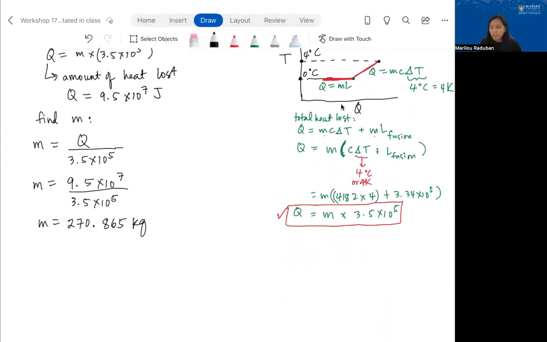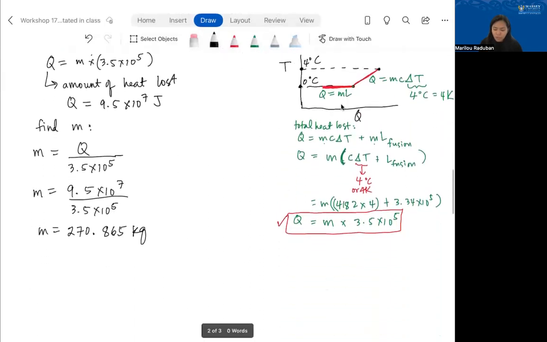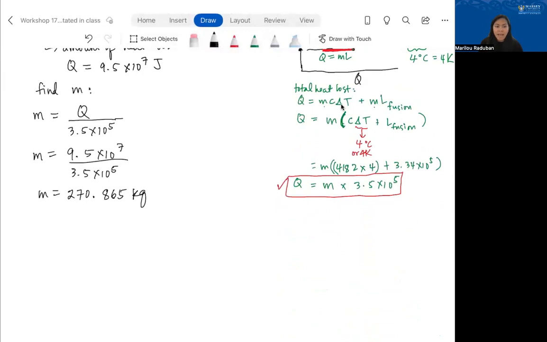How do we know the thickness? Because that's what's being asked ultimately: determine the increase in the thickness of the ice layer. We know that this much water will freeze into ice. How do we convert this mass into thickness? The only way we can relate mass to thickness is via the volume of the ice that's frozen, and the volume is related to the mass via the density.